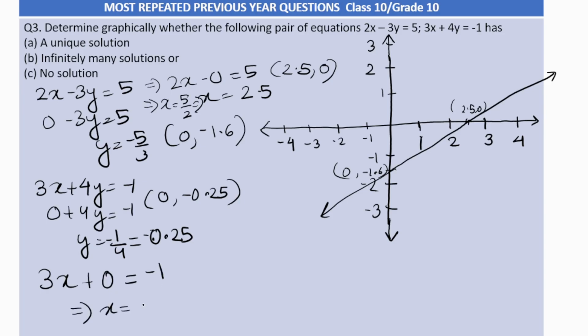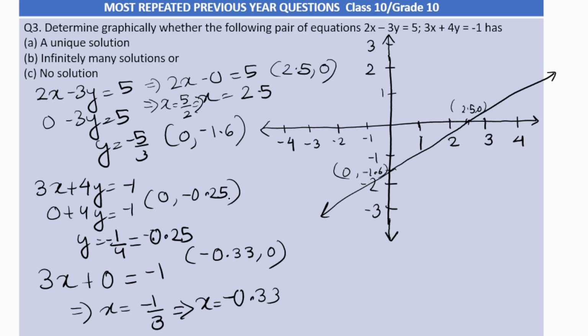So x will be equal to minus 1 by 3, which is minus 0.33 something, right? So the point where it intersects the x-axis will be minus 0.33 comma 0. So let me write it down here, minus 0.33 comma 0, before I plot the line for it.